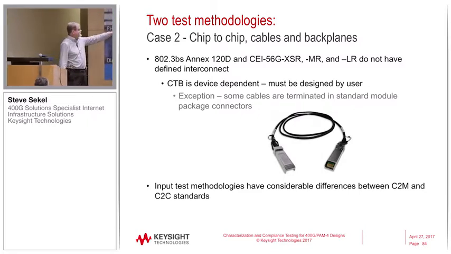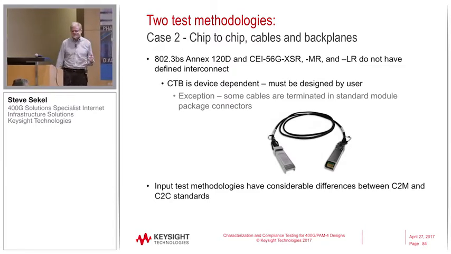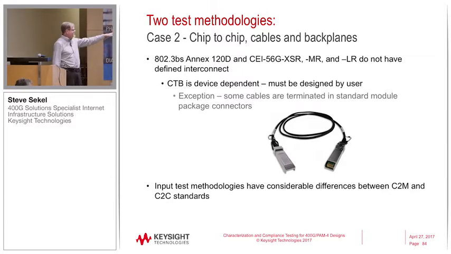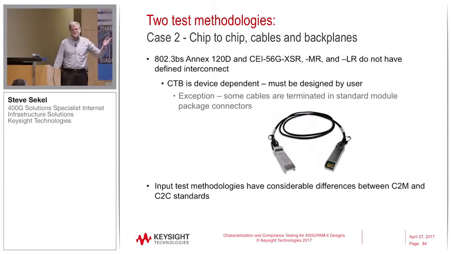And there is an exception: if we're dealing with, like, OIF MR, for instance, medium reach, that covers passive cables, and the outputs of those cables happen to follow an MSA because they look like an optical module, right? So there you do have the defined interface, but the MR standard assumes you don't.